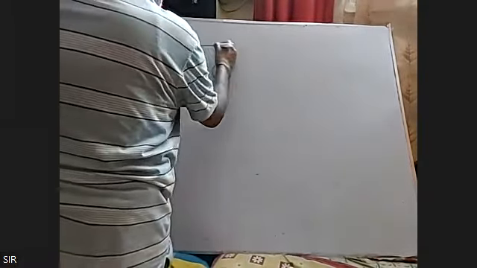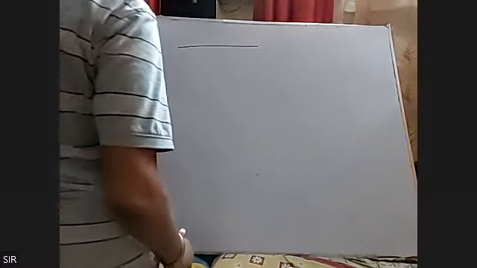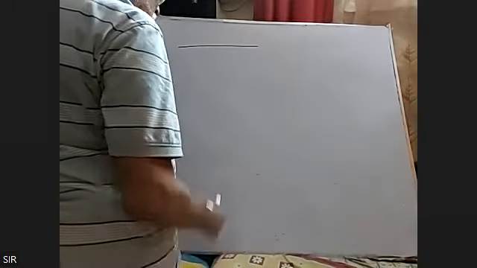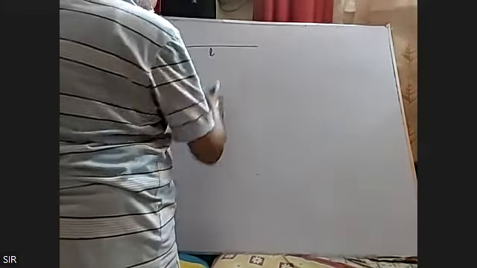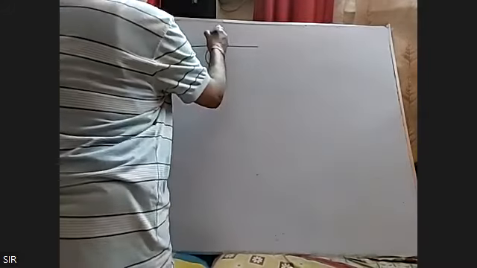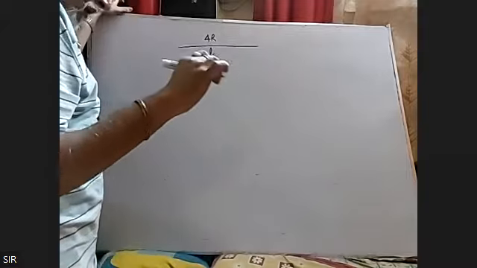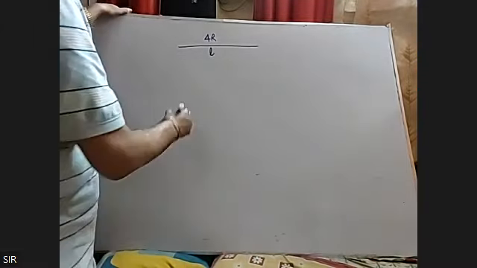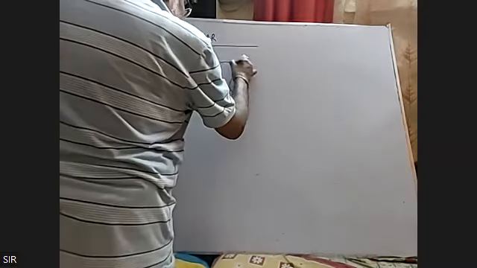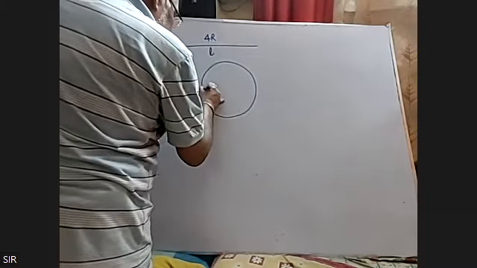Suppose this is a wire. Clear? Length of wire is L and the resistance is given as 4R. Is this a question? Yeah, and there's a circle. Then it is bent into a circle.